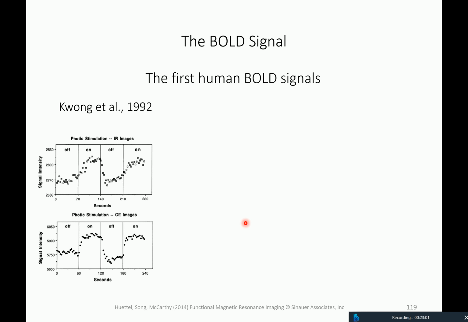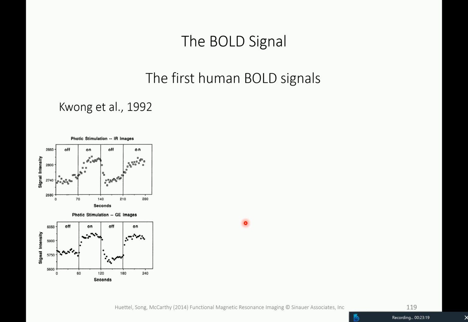And these rodent experiments showed that the level of oxygenation and deoxygenation affects this signal, and that you have more signal loss if you have deoxygenated hemoglobin present more than oxygenated hemoglobin.